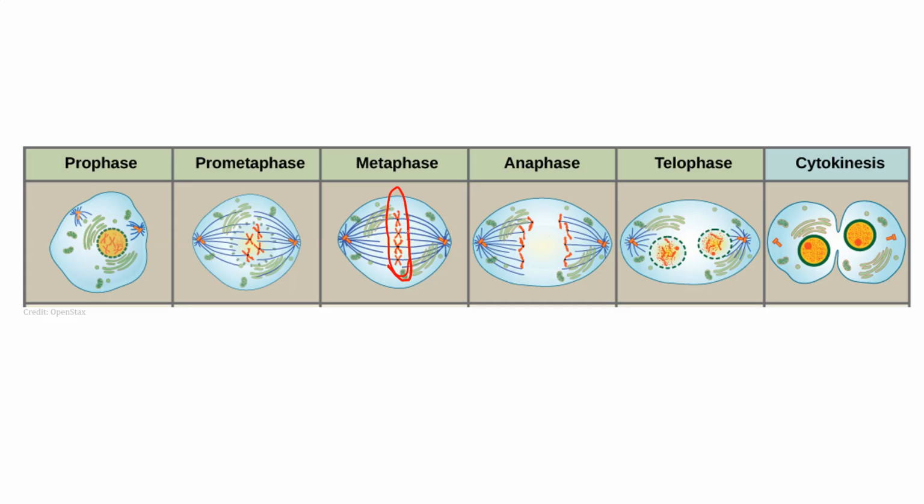Now, metaphase is important because it helps the cell to make sure we have all of the sister chromatids, the duplicated chromosomes, lined up here. If there's one hanging out over here, then after this whole process occurs, it's going to be an unequal division. There's not going to be the same number of chromosomes in each daughter cell, which is going to be catastrophic for those daughter cells.